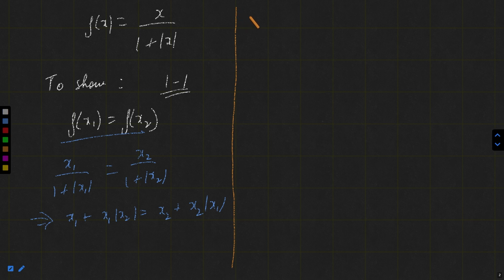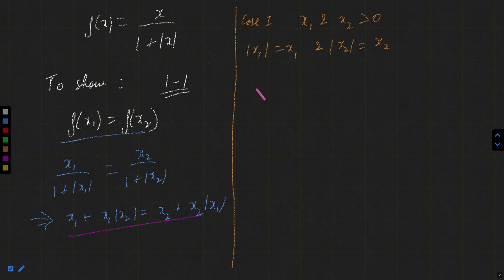Now let's take cases. Case 1: I am taking x1 and x2 both positive. So this means mod x1 is equal to x1 and mod x2 is equal to just x2.